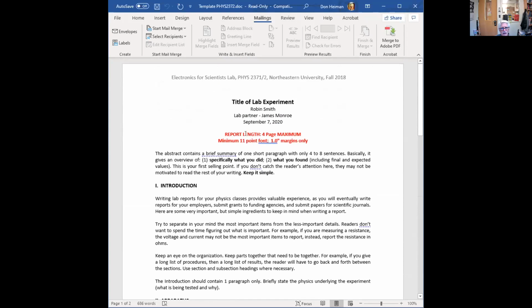You know, we're going to be writing reports for our bosses, for publications, for grants, for scholarships, you know, all sorts of things. So we want to have practice with it. We want to have practice with the abstract, with the elevator speech. Simply, here's what I did, here's what I found.